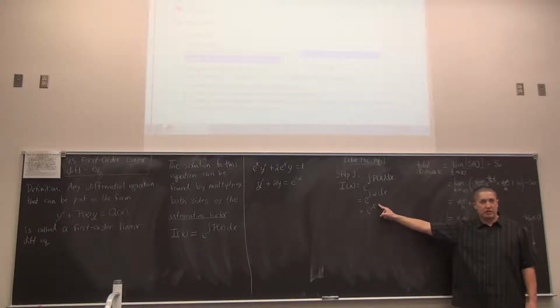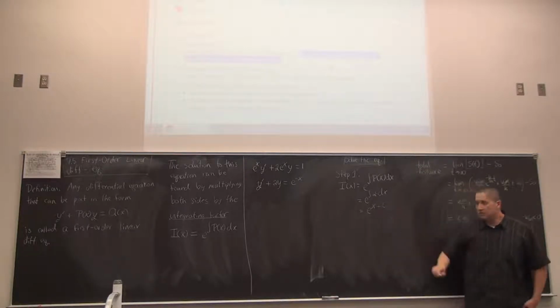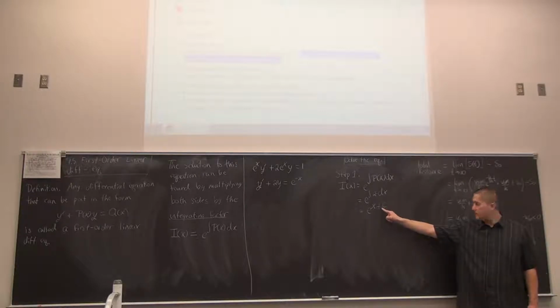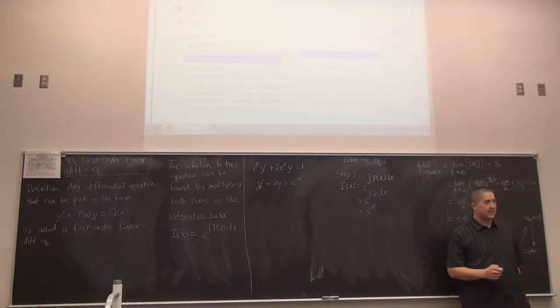Another very common question about this is that there are many possible integrating factors, right? We can add an arbitrary constant of integration, for example, and come up with infinitely many different ones. All of them can solve the differential equation, so we pick the simplest one in this context.